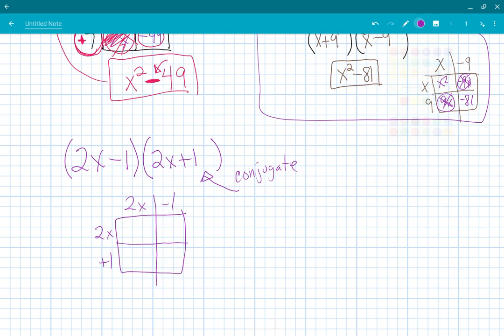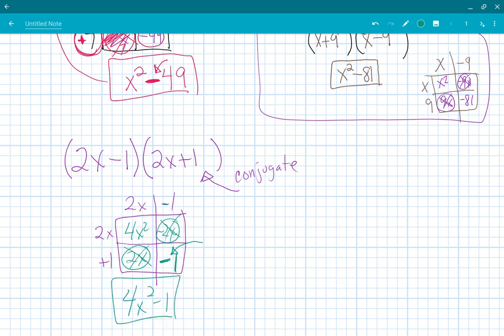We got here 4x squared, minus 2x, 2x. And look, these two definitely cancel each other out. Do you see that? And this is always negative because one is negative and one's positive because they're fraternal twins, right? They got to be opposite signs. So this turns into 4x squared minus 1.